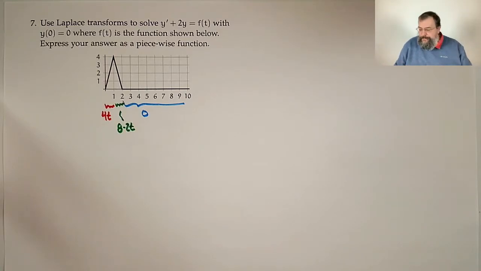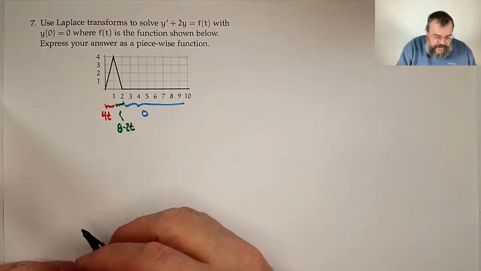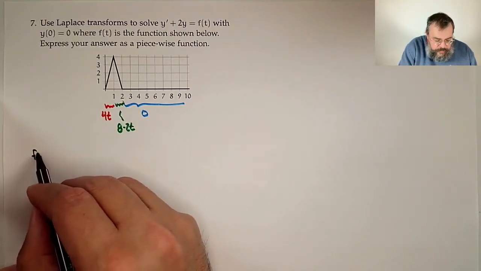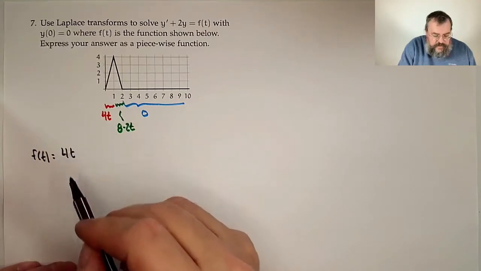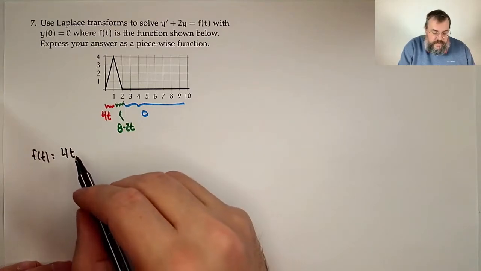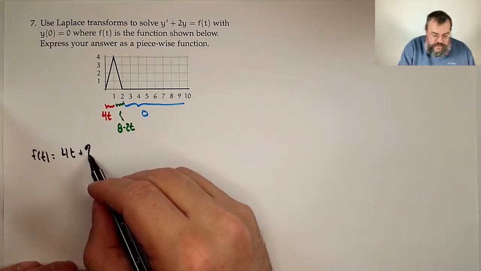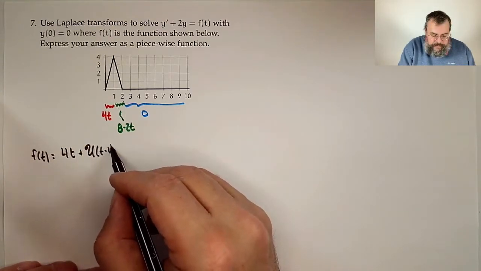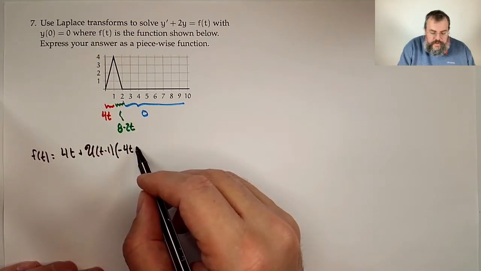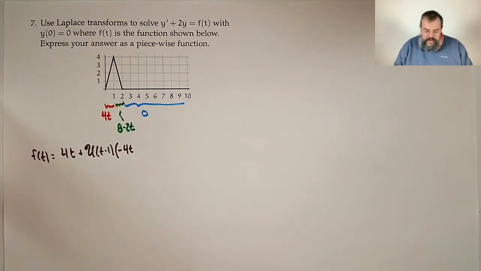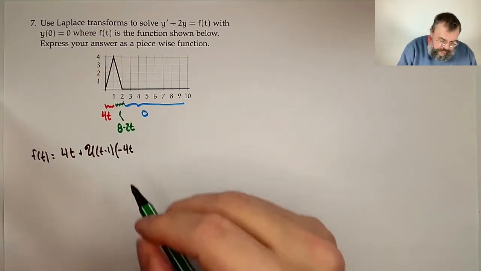We're going to go one step further and say, all right, so what does that tell us? We're going to write our function in one-line notation. It's initially 4t. So you start with what it is initially, and then we say we've changed behavior at time 1, so we have a flip. We turn off the 4t. Why did I say 8 minus 2t?